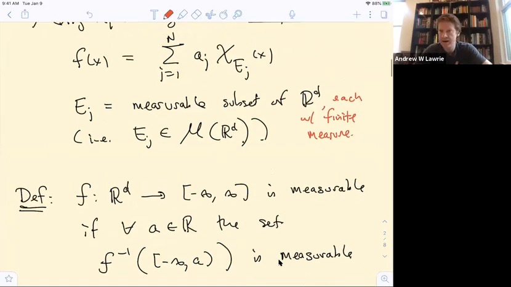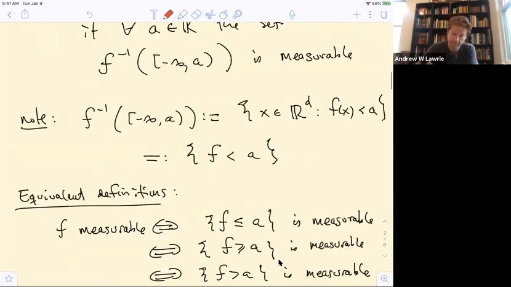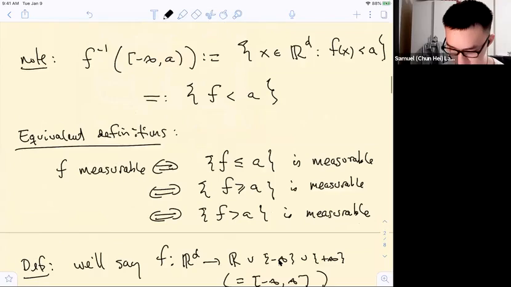Yeah, right. These might not be disjoint, but then I just double count, right? Is that okay? Yep. Okay.